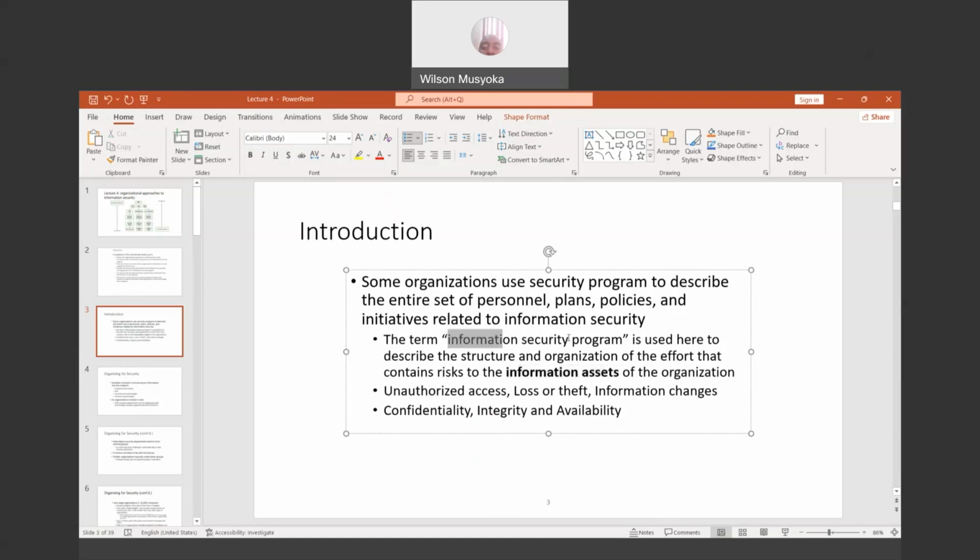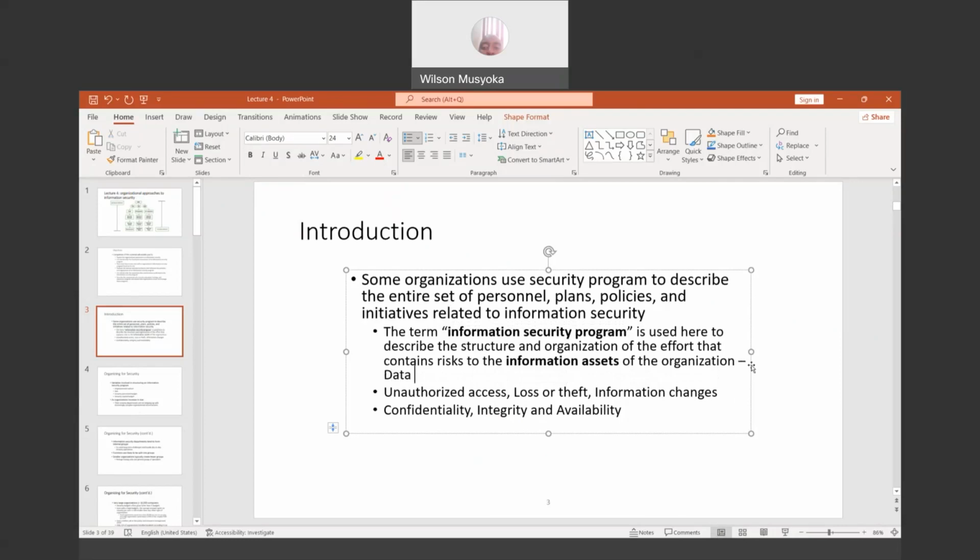Information assets are the data that is usually generated or captured within the organization.